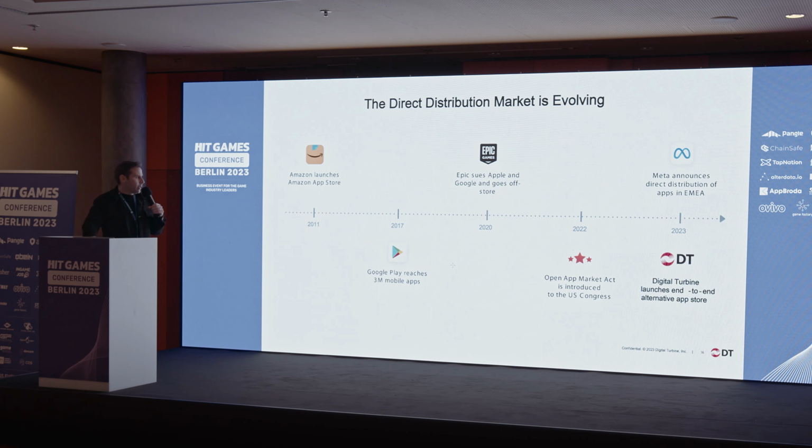That also includes Digital Turbine, with over a decade of direct distribution experience and the whole on-device footprint. This year we launched our new app store with an alternative billing system. And you might have heard that alternative app stores have become a topic of increasing interest.